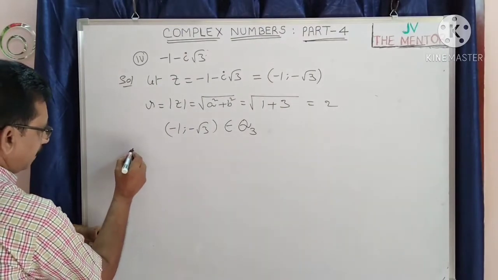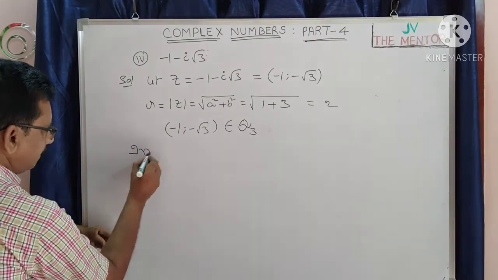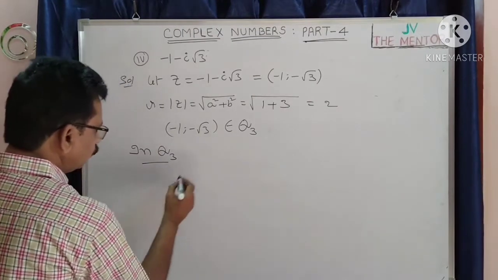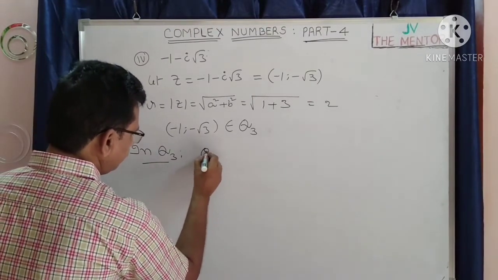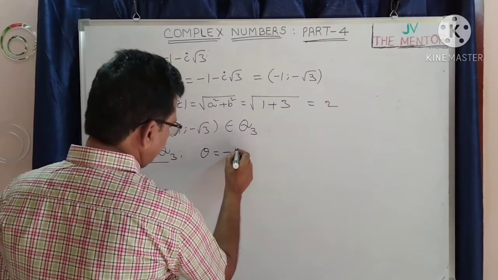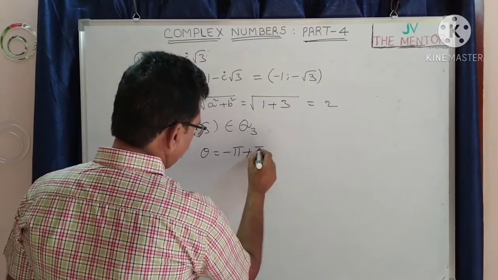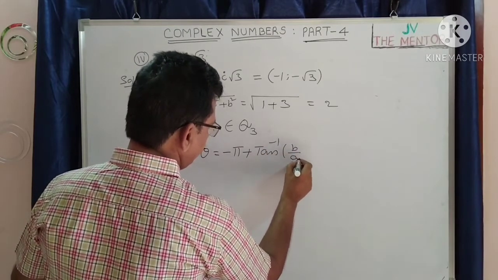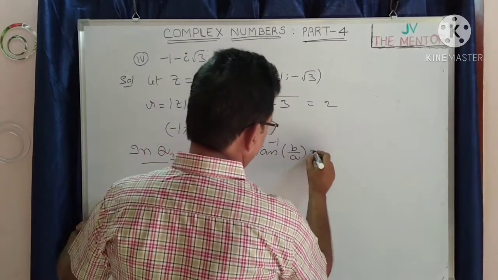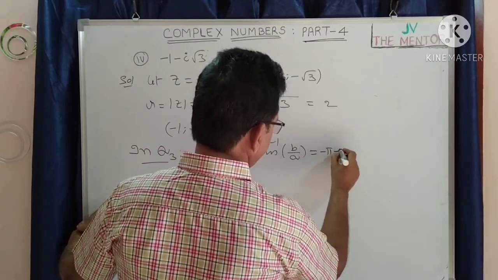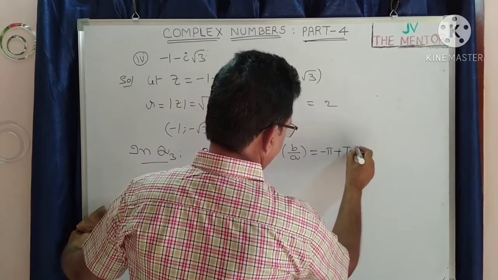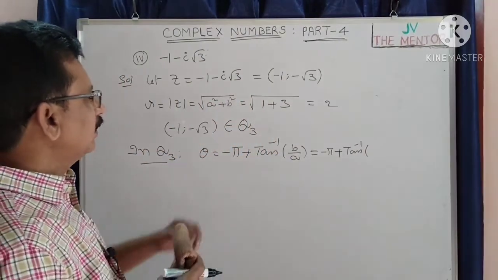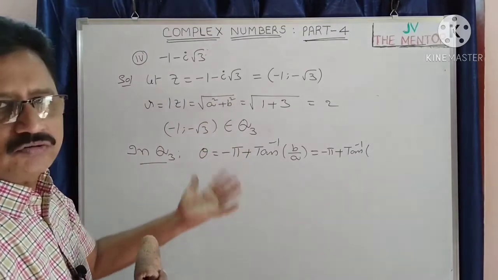In Q3, theta equal to minus pi plus tan inverse b by a. Here we take the values of a and b without signs.